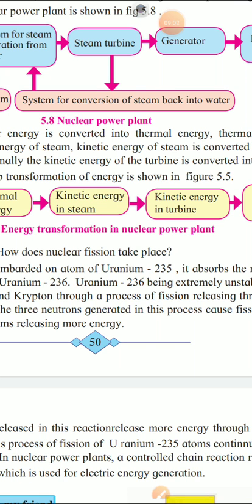Before proceeding to the next topic, let me tell you what isotopes are. Isotopes are variants of a particular chemical element which differ in neutron number and consequently in mass number.